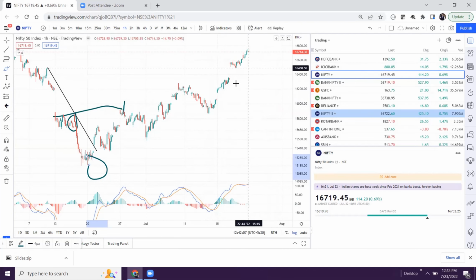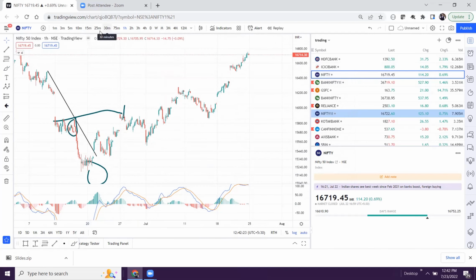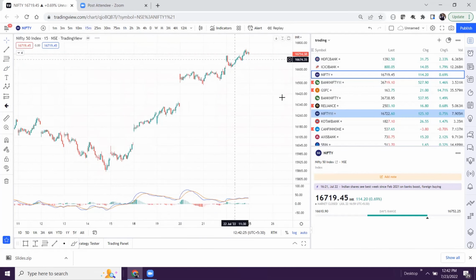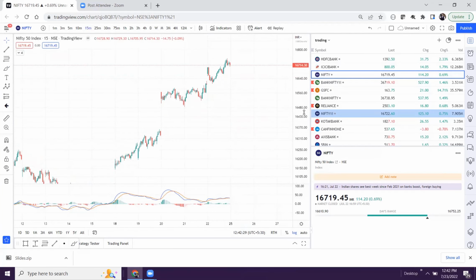Because at this moment on an hourly time frame, 15900 is important. But if you go to a lower time frame, suppose 15 minutes, then this is the point. Is this point clear or not? Okay, so it means the point changes time frame wise.